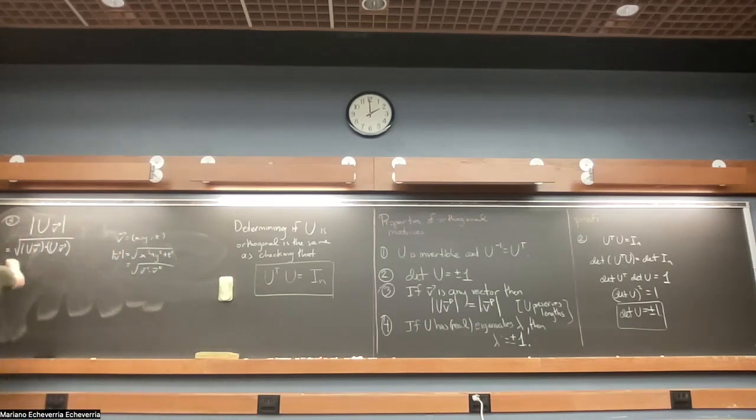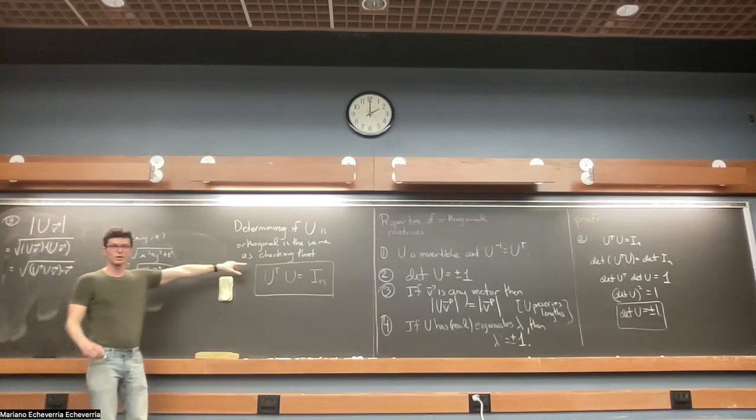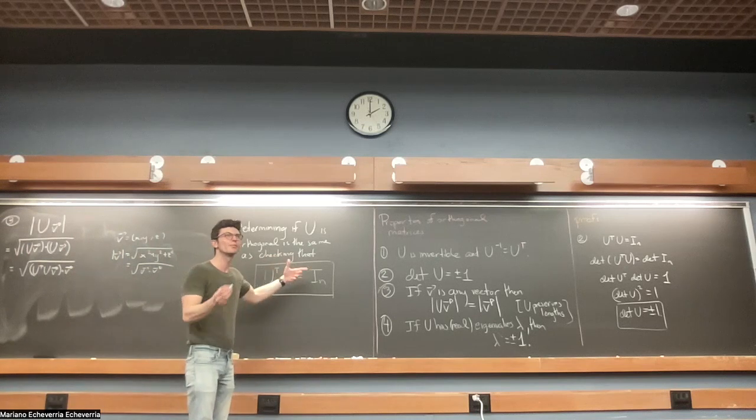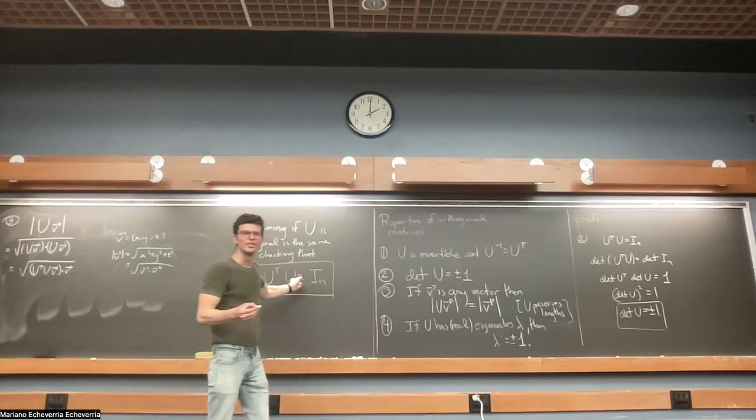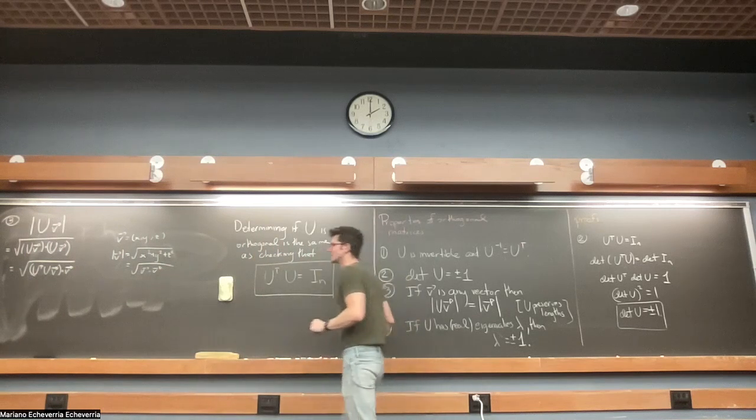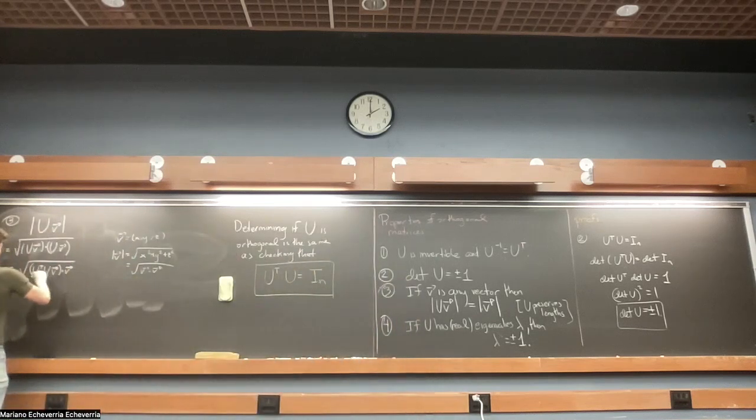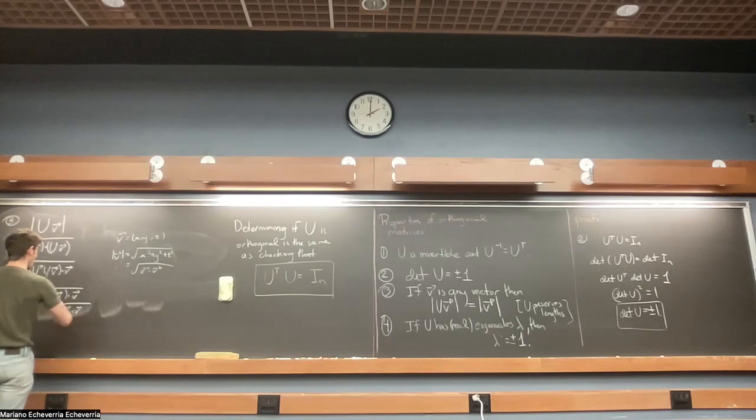So if you remember, one of the key properties of the dot product is that you can move one matrix to the other factor as long as you put a transpose. And then U transpose U, because the matrix is orthogonal, is the identity. In fact, I'm kind of going backwards, because this is how we found this formula last time, but it's good to see it again. So this gives you the identity times v dot v, but the identity matrix does nothing, so you have v dot v, and so that's the length of v.